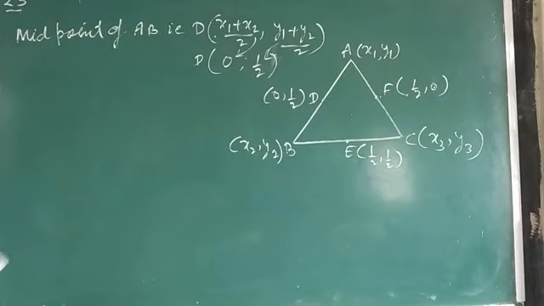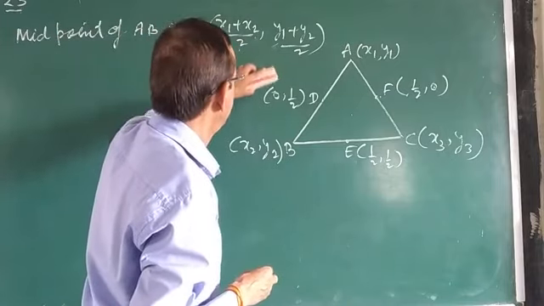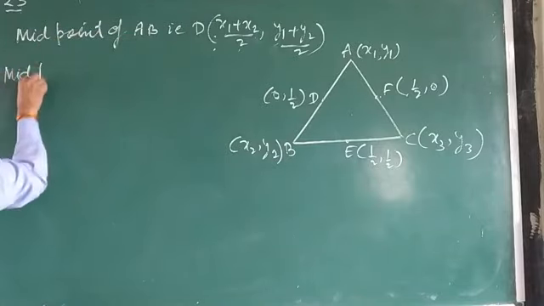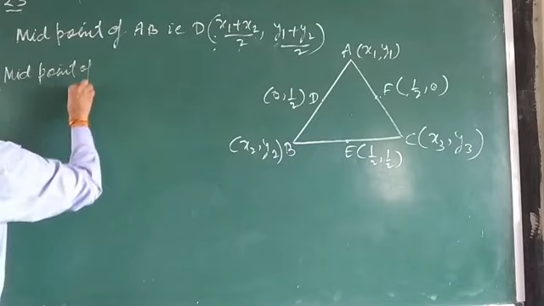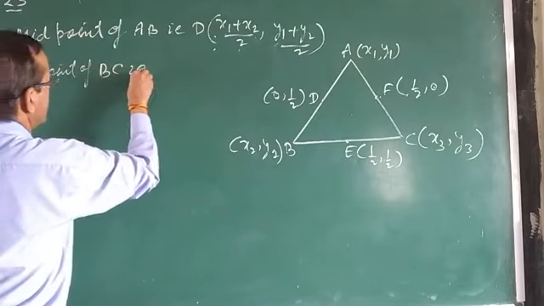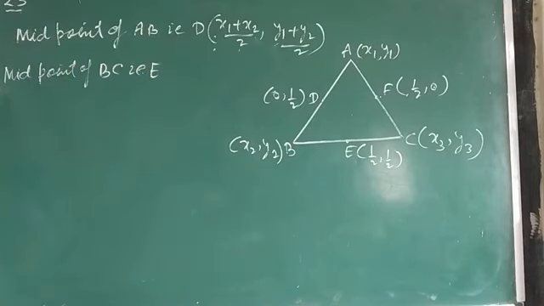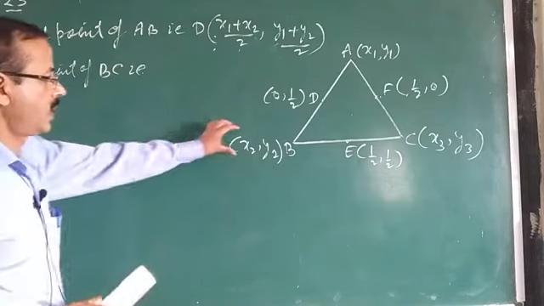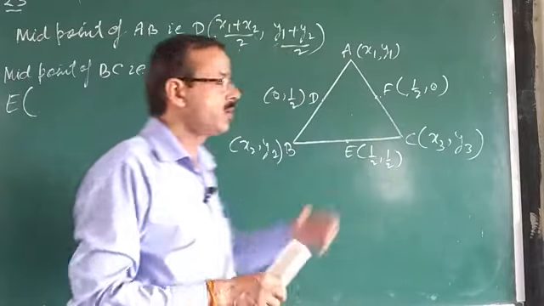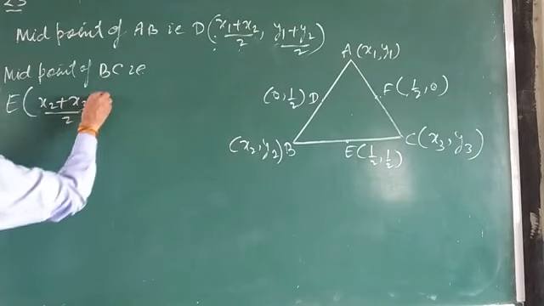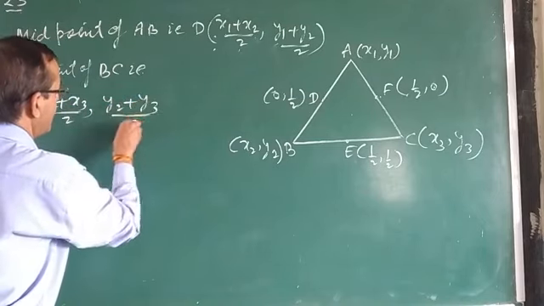Now, we write later about this. Find the midpoint of BC. Midpoint of BC, that means E. What will E be? Abscissa upon 2, so ((x2 + x3)/2, (y2 + y3)/2).